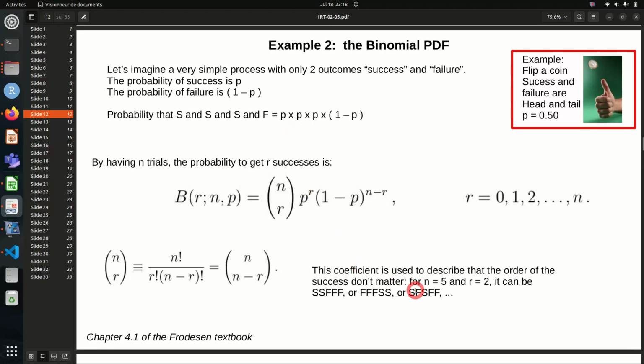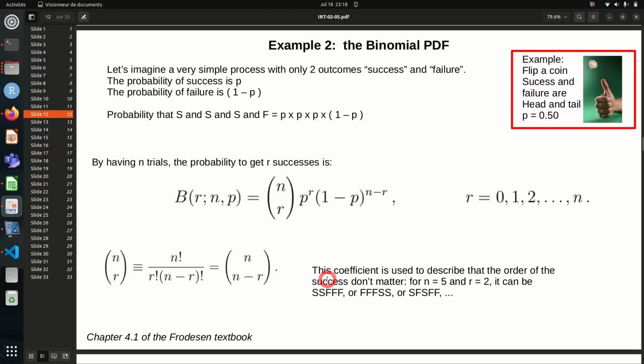So here, if I give you n equals 5, so 5 trials and 2 successes, you can have success, success, and then failure, or failure, then success, or any mixed value. So the combinatorics doesn't matter. They are all accepted.